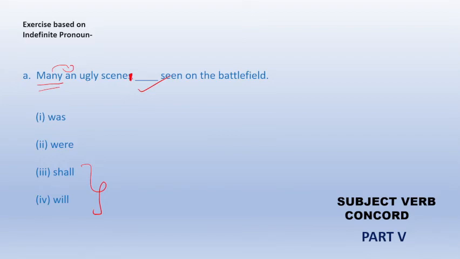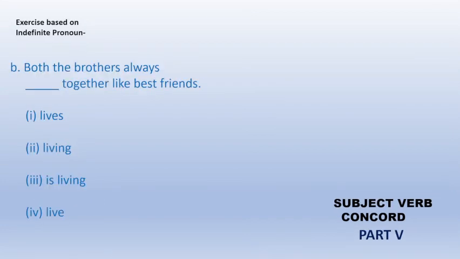Now it is correct: many and ugly scenes seen. Because we have got a and an, we will write only a singular noun also. And because we are having a singular noun, we will place only a singular verb. Many an ugly scene was seen on the battlefield.